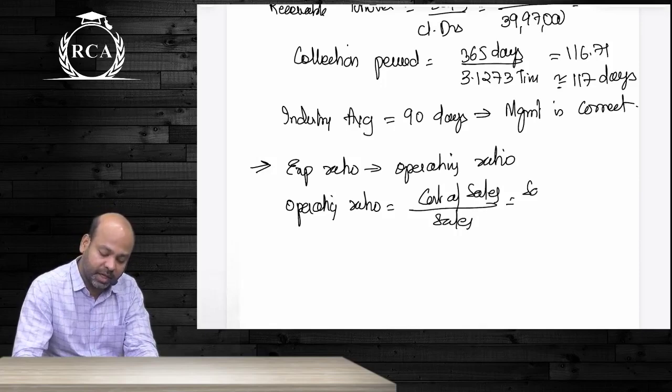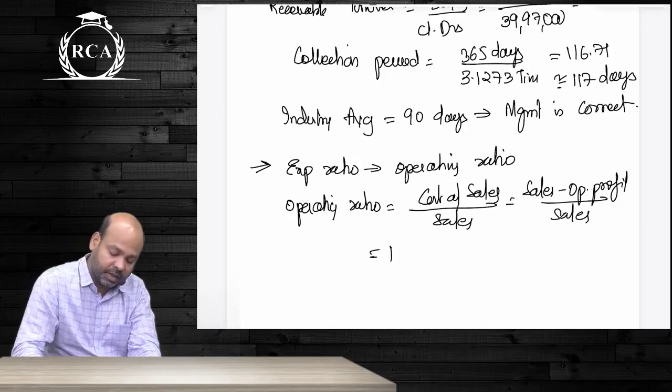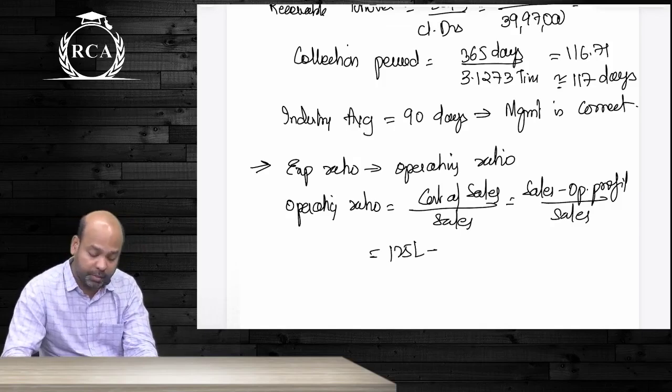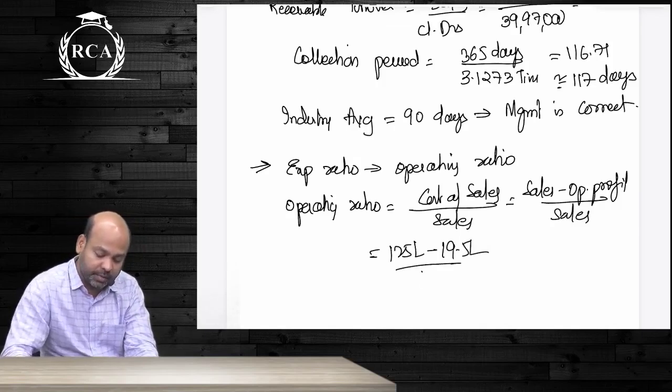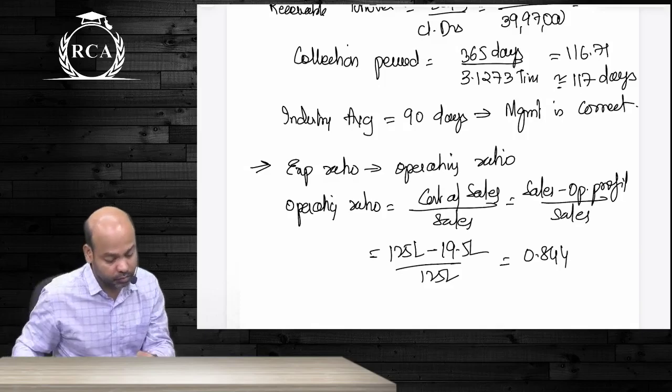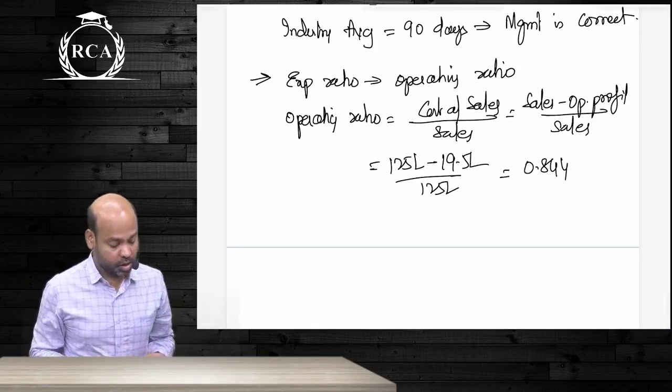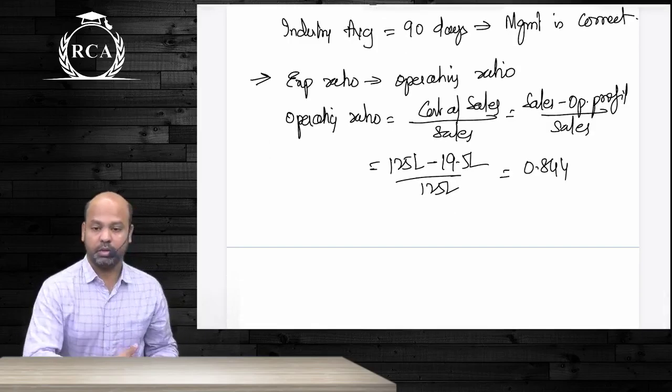Cost of sales can be written as sales minus operating profit by sales. Sales was 125 lakhs, operating profit was 19.5 lakhs, divided by 125 lakhs. Direct answer is 0.844.